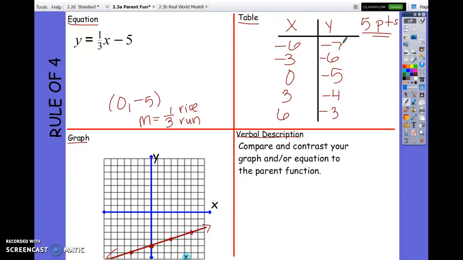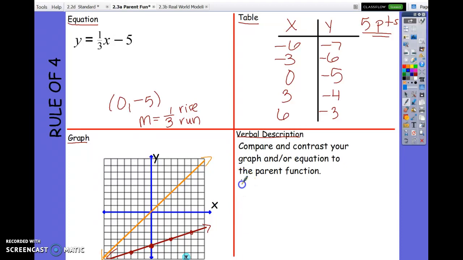For our verbal description, we want to be able to compare and contrast our graph to the parent function. I'm going to draw the parent function on our graph so we can visually see the difference. Here's our parent function compared to our equation y equals 1/3 x minus 5. We have 3 things to talk about.